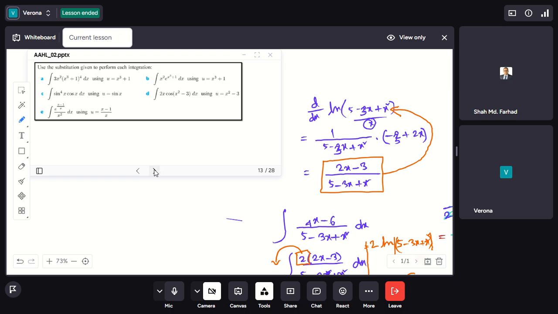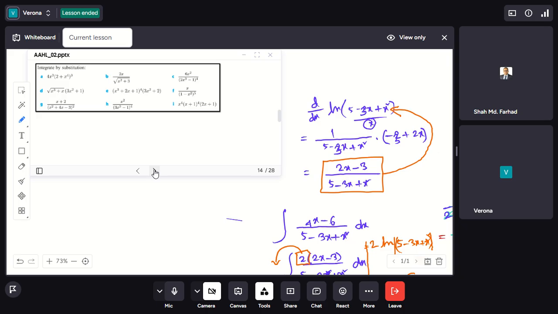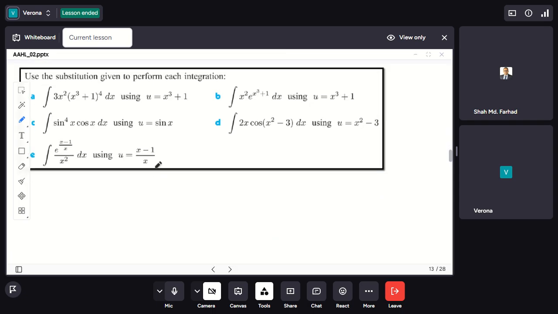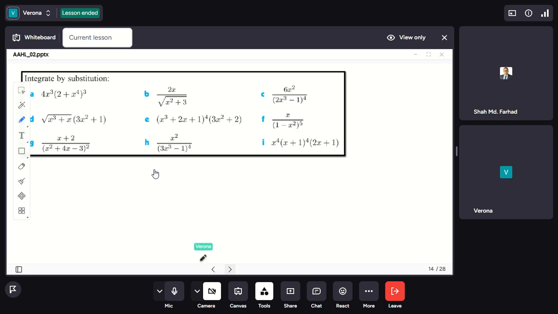This one, that is slide number 13, and then take a picture. And then this also.